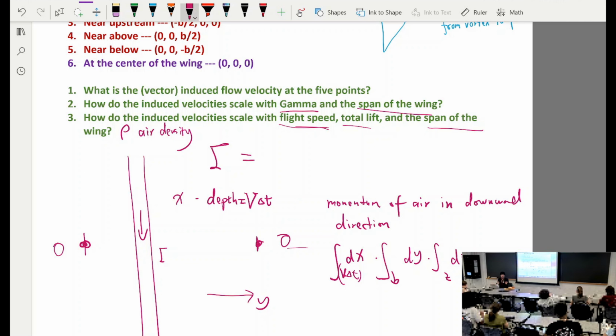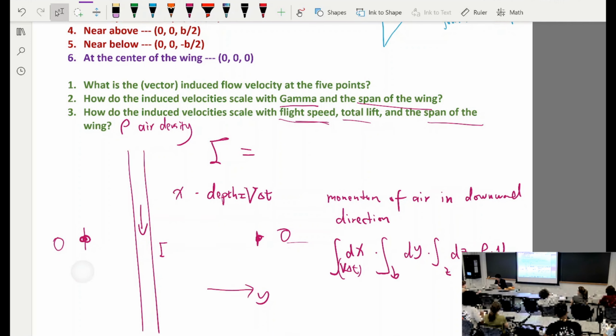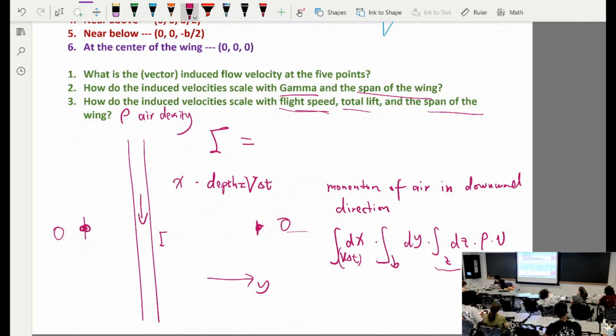Momentum per volume is mass times velocity divided by volume, which is rho times velocity. I can just pull rho out of this. Integration of v dz is exactly what we have calculated, right?